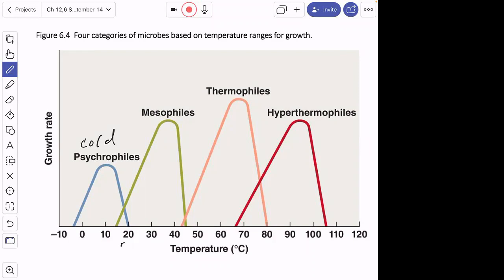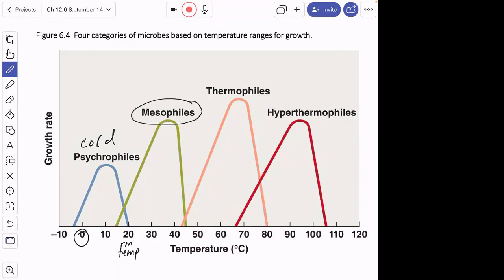Seems hotter than that in here right now. But 20 is about room temp. So organisms that grow, not just that they grow, but they grow ideally. They prefer that temperature. They grow the quickest. Those are psychrophiles. You can see we've got some that are even able to grow right around freezing, which seems kind of bizarre.